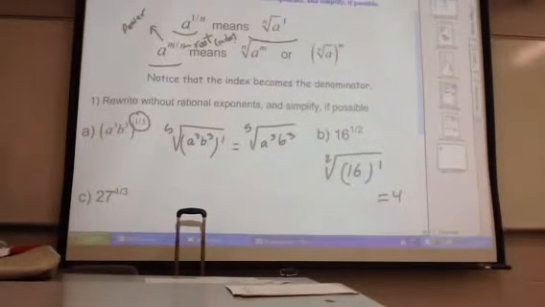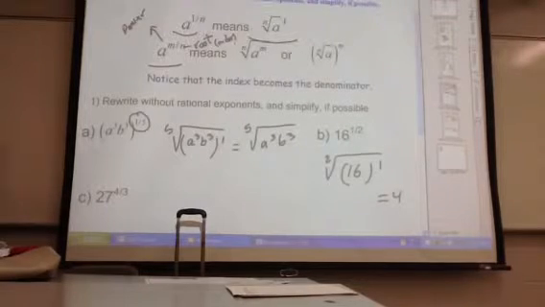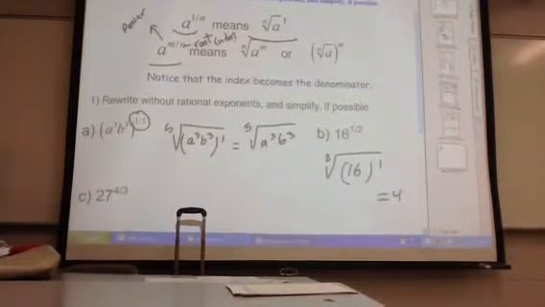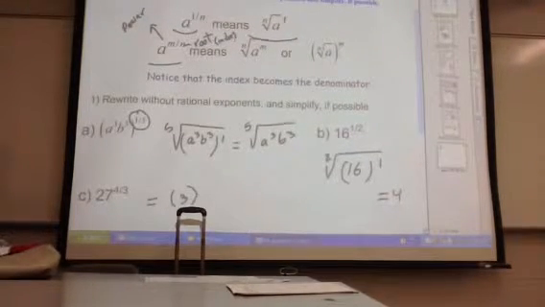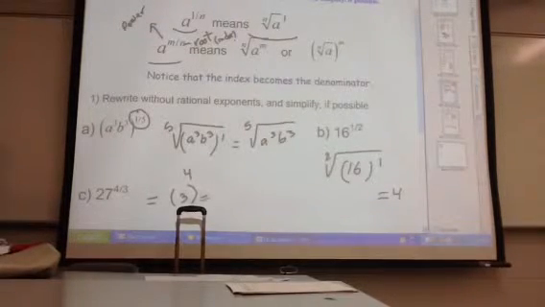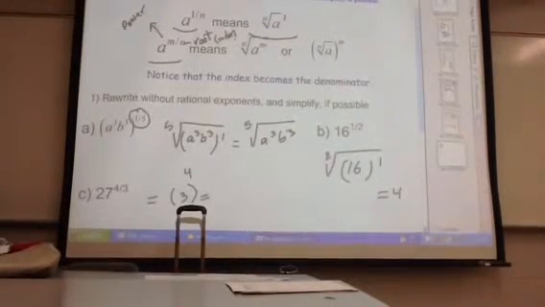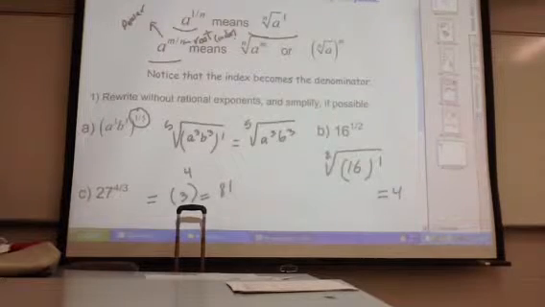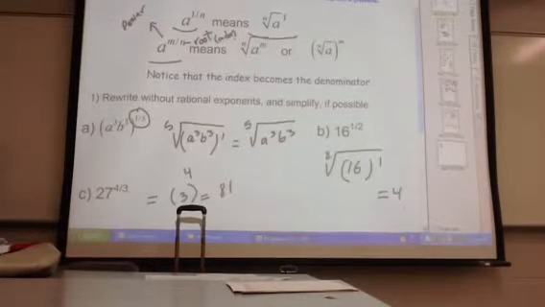Now, I'm comfortable with the root of 3 for 27. What is the cube root of 27? 3. And then you raise it to the power of what? 4. So what is 3 to the power of 4? 81. This means 3 times 3 times 3 times 3.